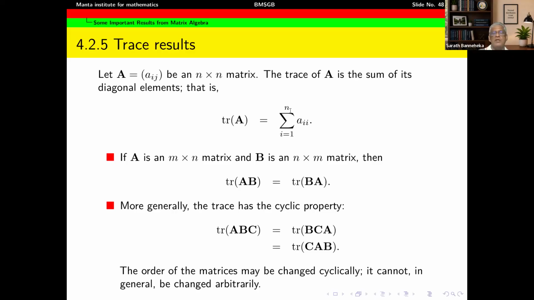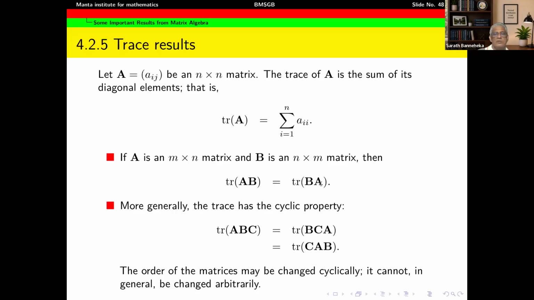Then we look at some properties of this trace function. If A is an m by n matrix and B is an n by m matrix, then you can define the product of A and B. The trace of AB will be equal to the trace of BA.